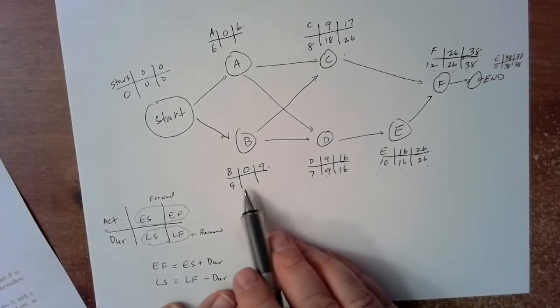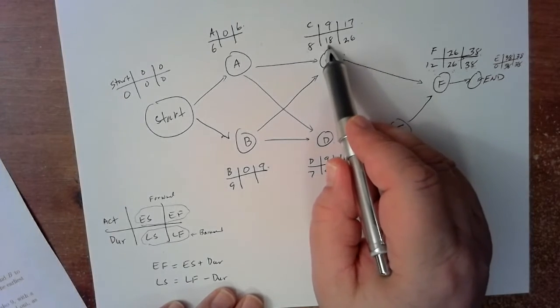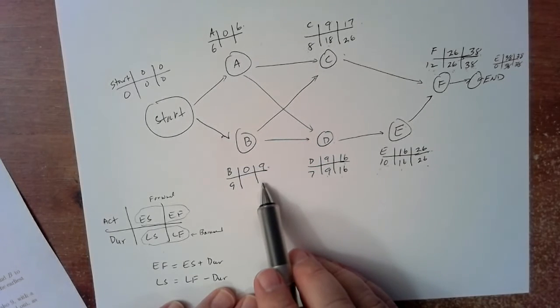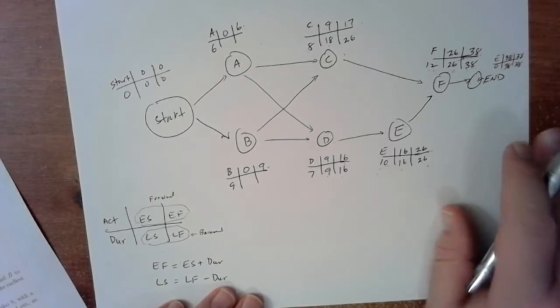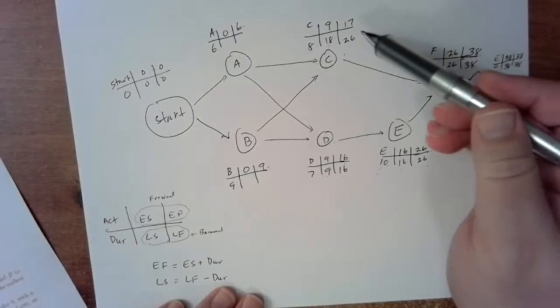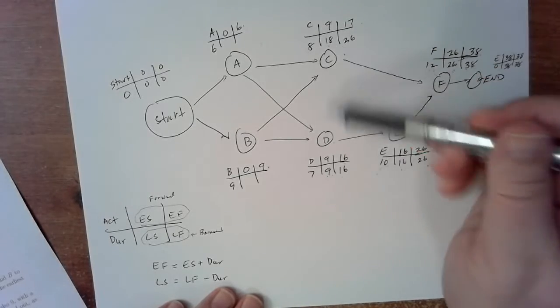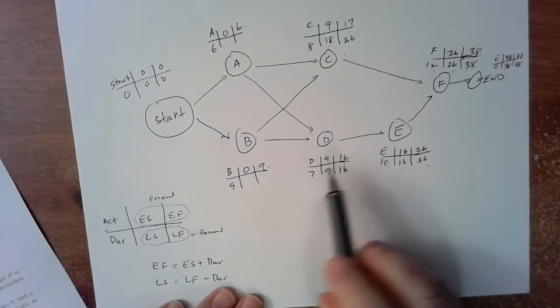Okay, so now let's go to node B. Now, what is the latest finish time for B that won't make all my other jobs shift forward? So it's either going to be 18 or 9, right? Would it be 18?